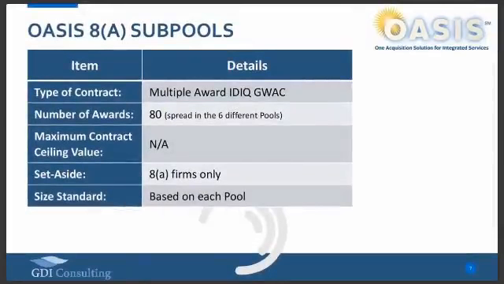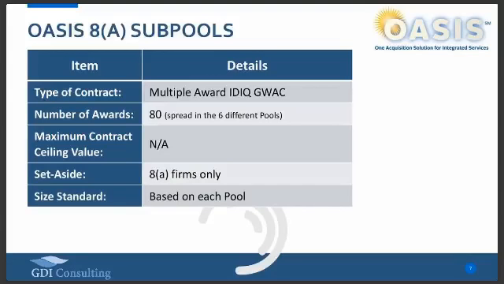With regards to this, it is a GWAC, obviously, multiple award. They're going to award 80 companies in 6 different pools. Pools 1 and 3 will have the highest number of awardees, but overall there are going to be 80 awards of 8A companies. The maximum contract ceiling value, that's not known yet, with regards to 8A companies specifically.